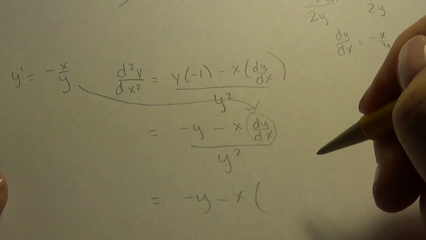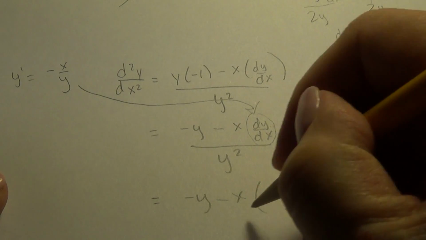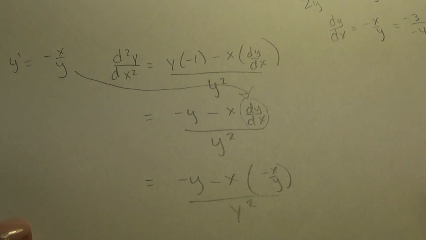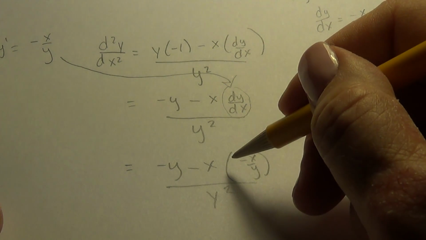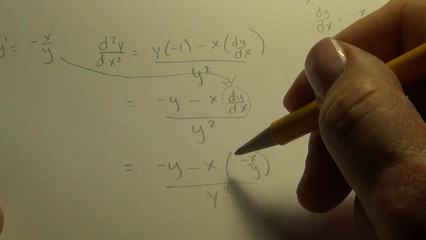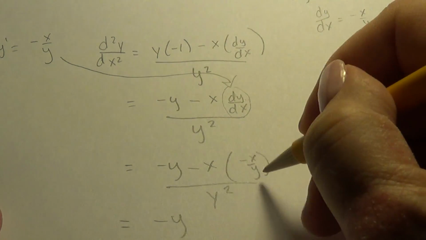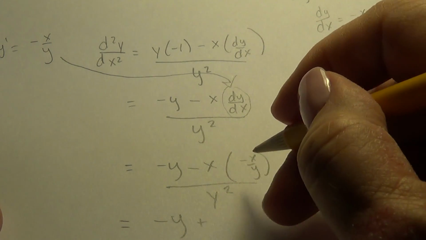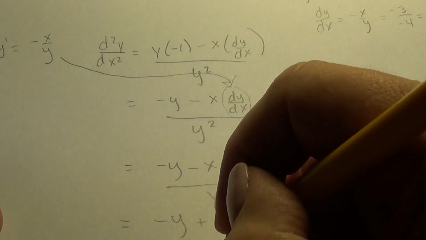We get dy/dx is negative x over y, and when we simplify that, we have a negative y and now a positive x squared over y, all over y squared.